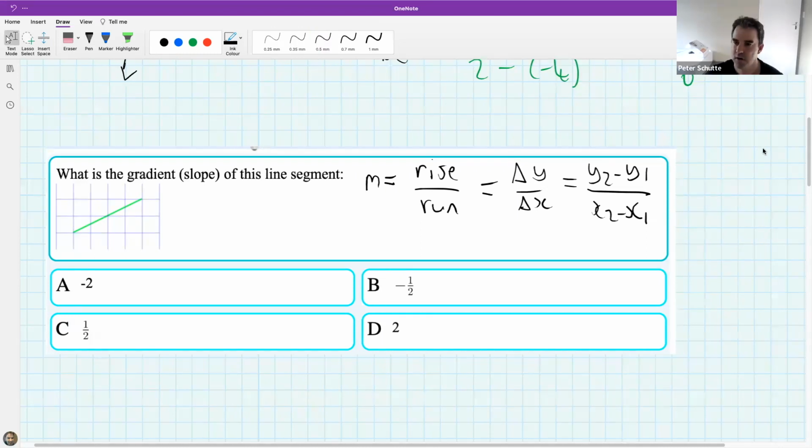Now, which one is it going to be? I'll pretend I have a point here and a point here. I count 4.